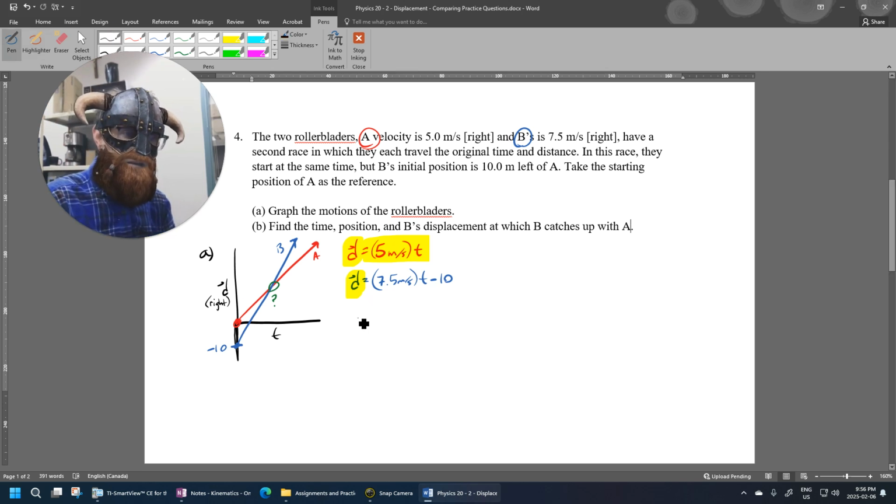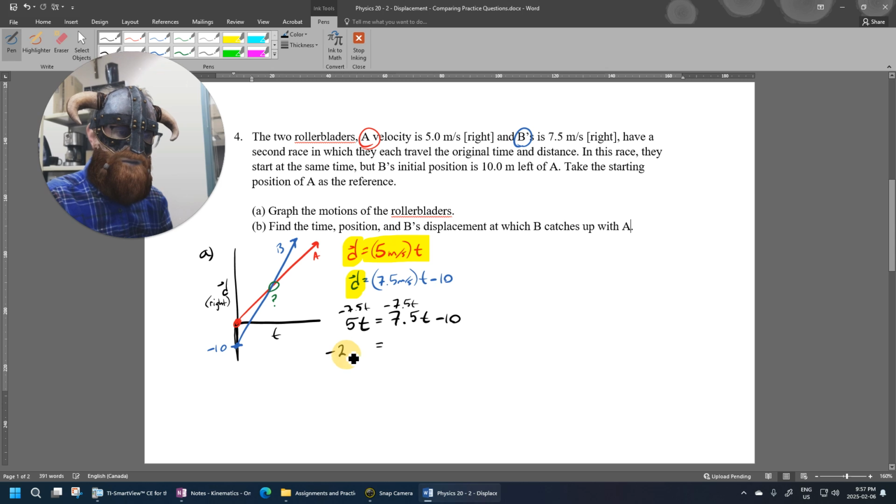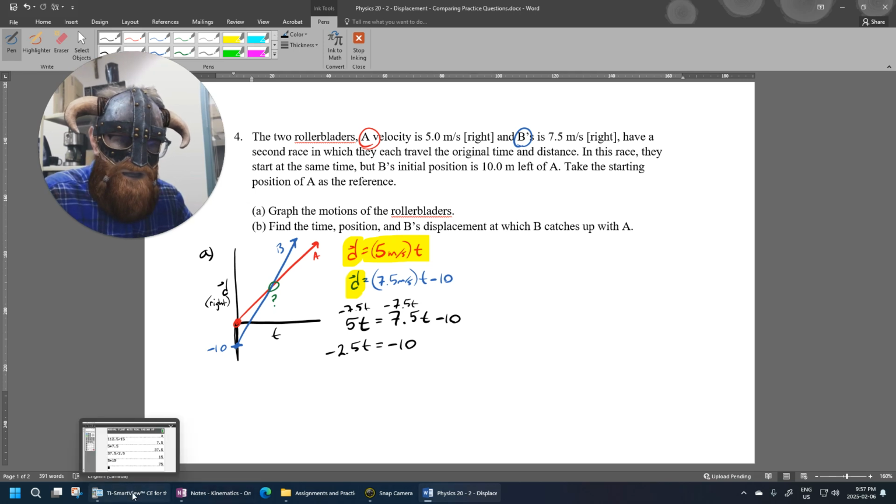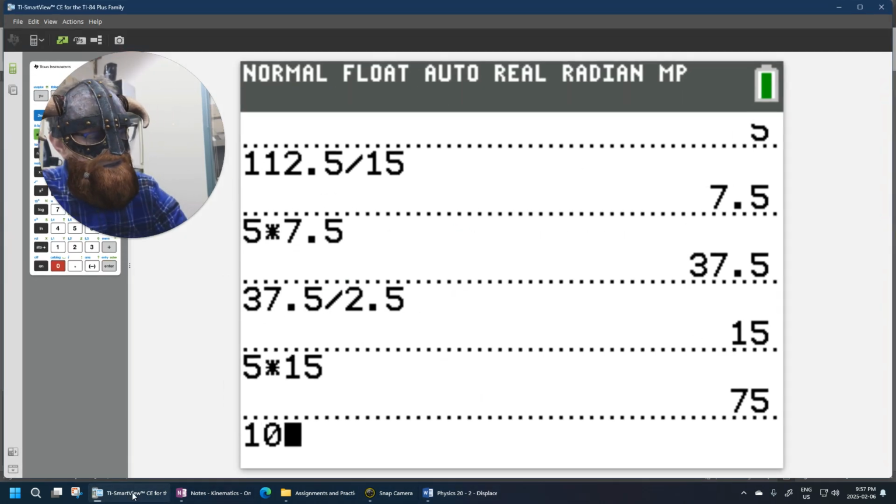So this will end up being 5t, I'm just getting rid of the meters per second to simplify the question, is equal to 7.5t minus 10. And then I'll just do what we did before. We subtracted 7.5t from both sides. We got negative 2.5t on this side, and negative 10. And you take the 10 and divide it by 2.5.